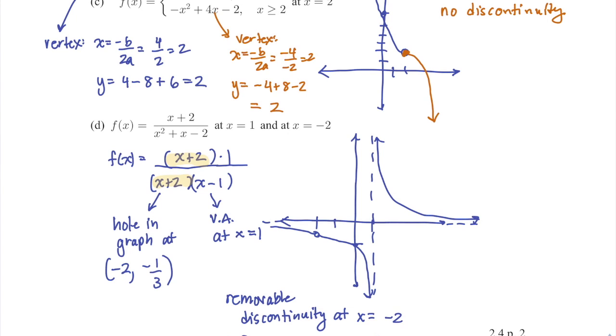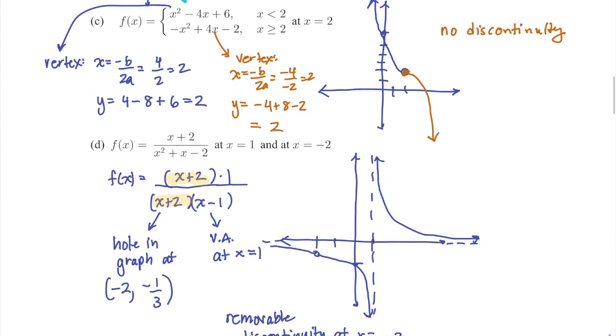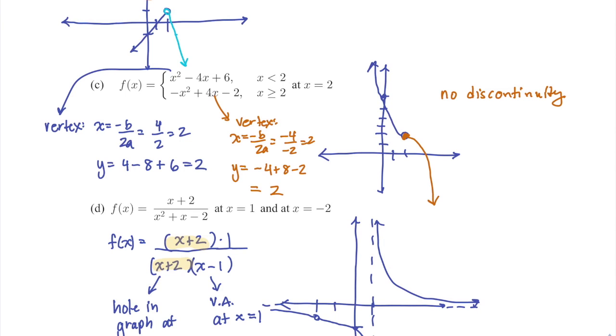We didn't see an example here of a jump discontinuity, so what I would like to do is just modify example C a little bit. So suppose instead that we had g of x equals x squared minus 4x plus 6 if x less than, or sorry, less than 2, just like f was.